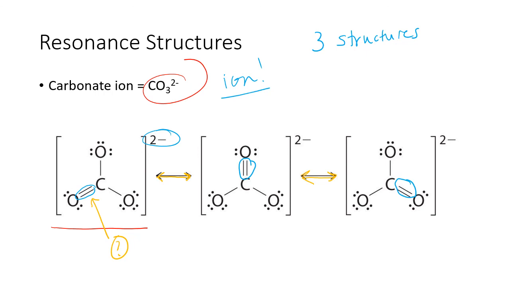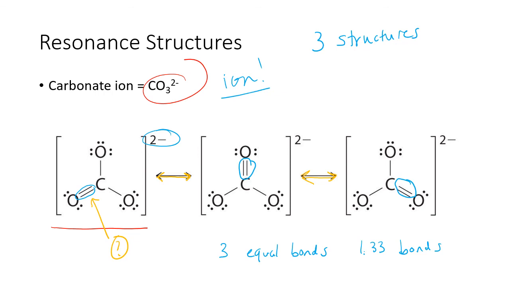And it's important to also realize that carbonate really does not have 1 double bond and 2 single bonds. It has 3 equal bonds, but we are depicting it this way because this is the only way that we can really show it on paper. There's really 3 equal bonds, and they're all about 1.33 if we were to think about the bond order.